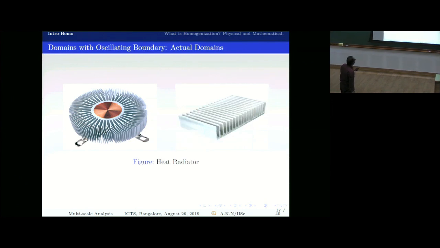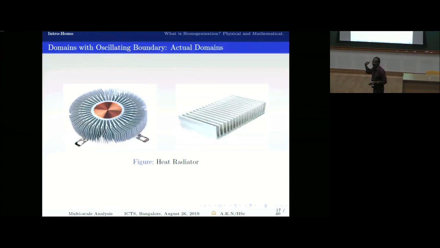You see, this is what is called a heat radiator. Below there will be a big domain, and on that you have small slabs. You decrease the width of the slabs and increase the number of the slabs, so that with the same amount of material, without changing the space, the surface area can increase.